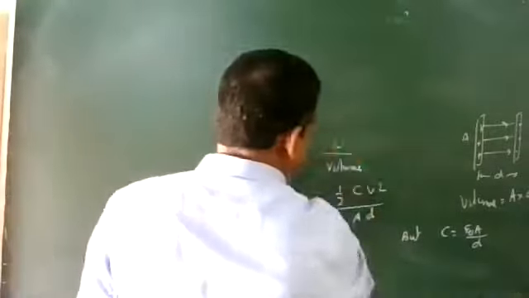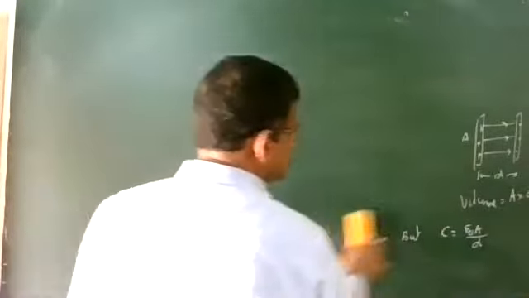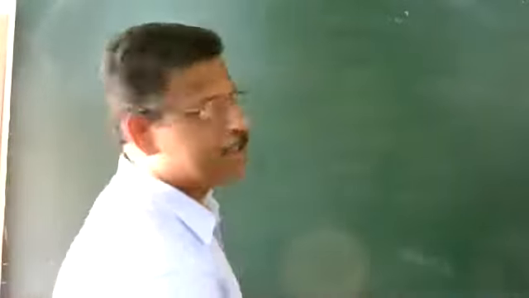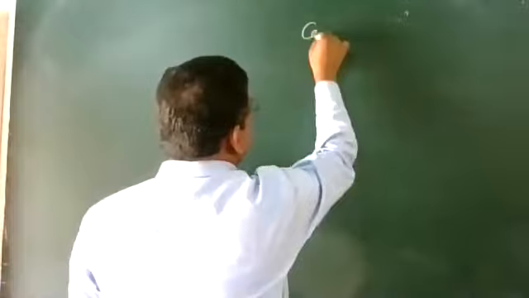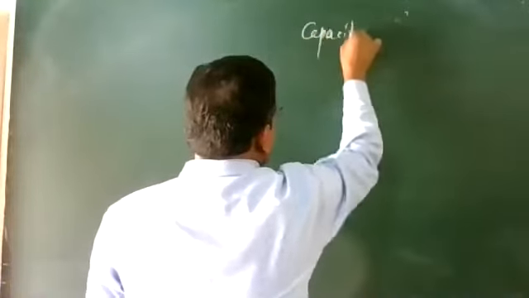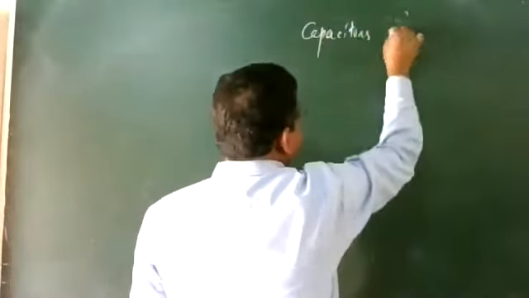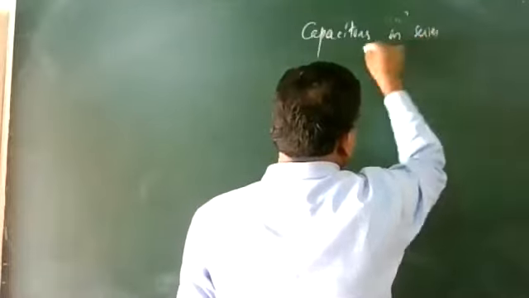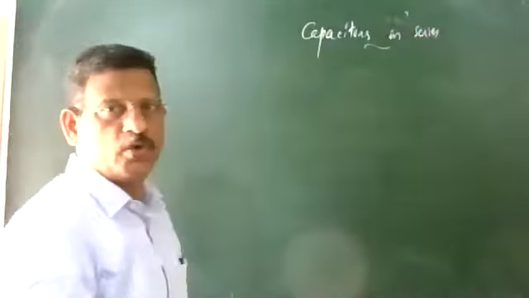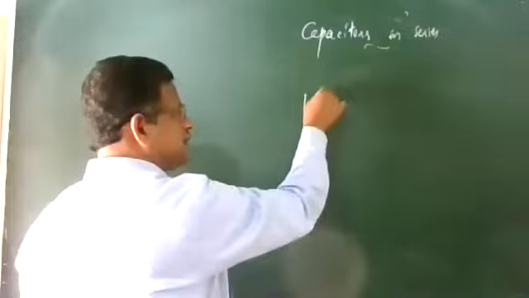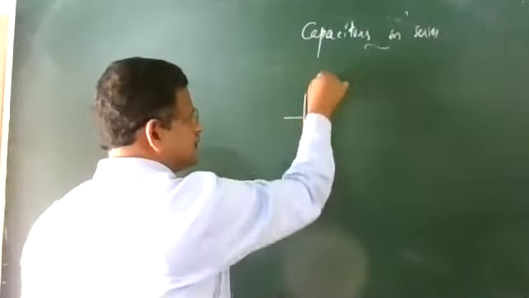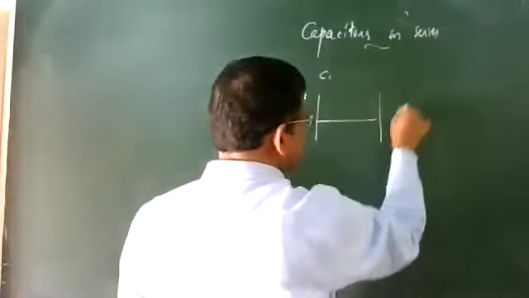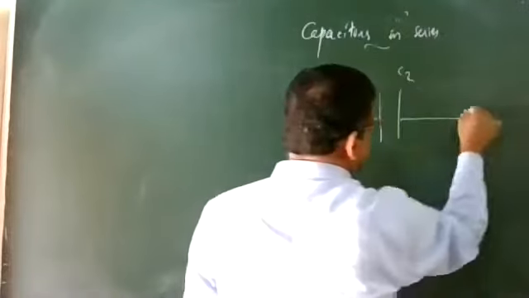So first one is capacitors connected in series. We show three capacitors here: capacitor number 1 having capacitance C1, and C2 and C3.